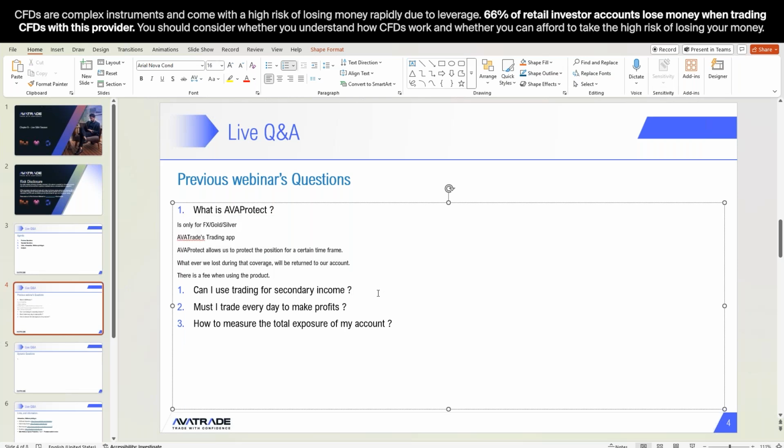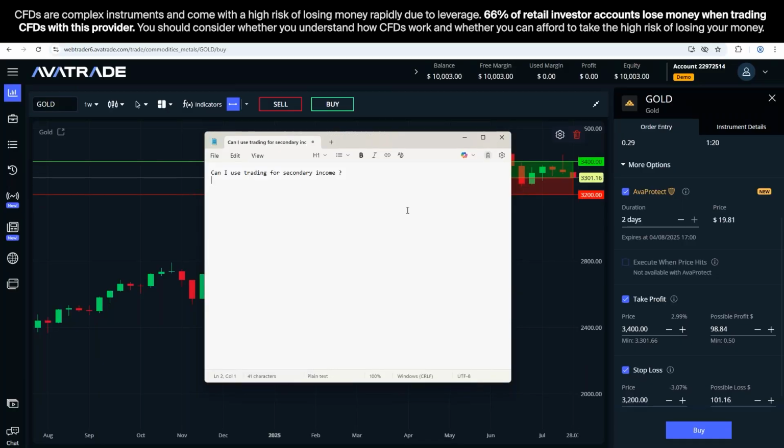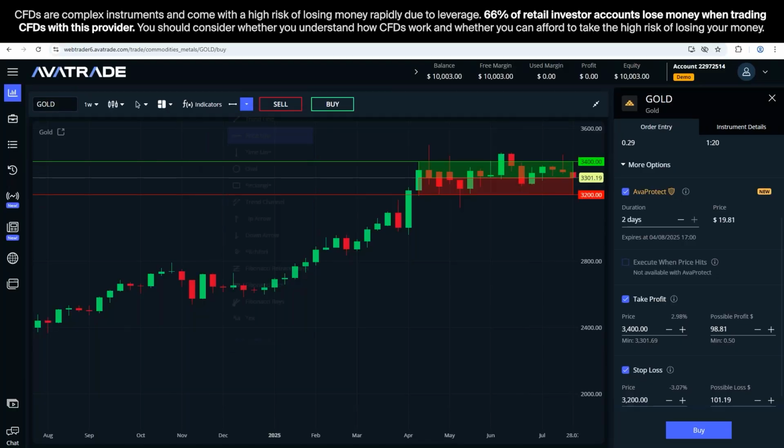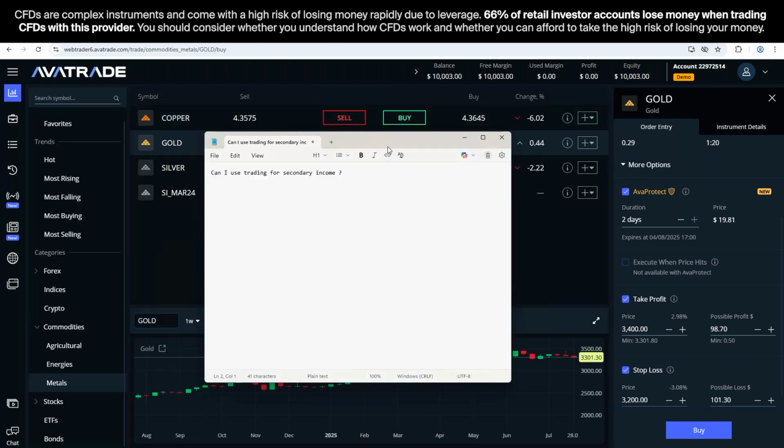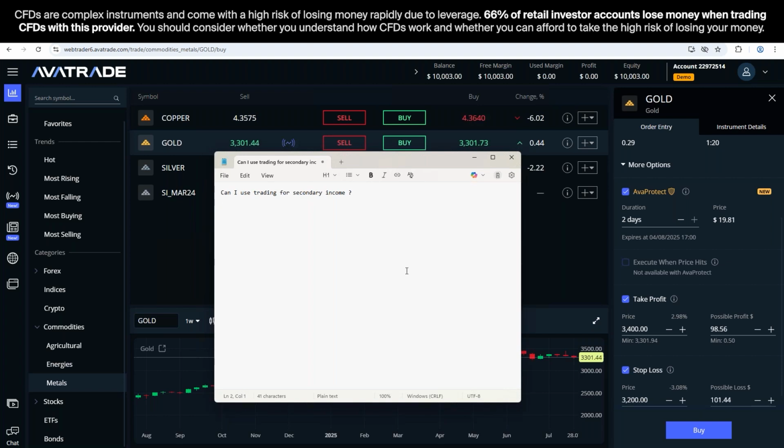There we are. Okay. The second question in here is, can I use trading for secondary income? Well, obviously yes, but this is actually a very, very common thing, to use trading for secondary income, right?